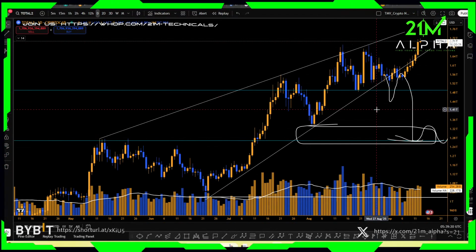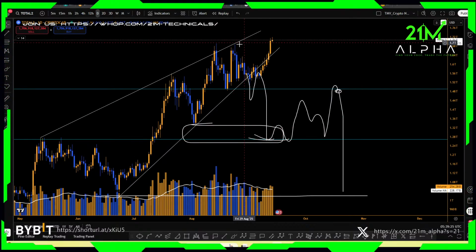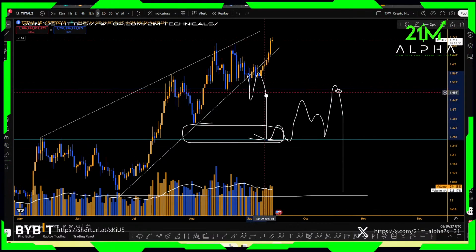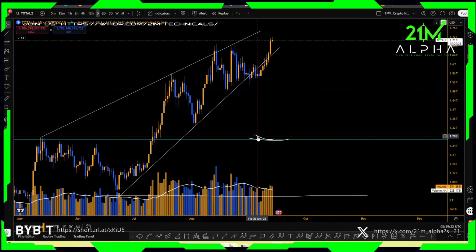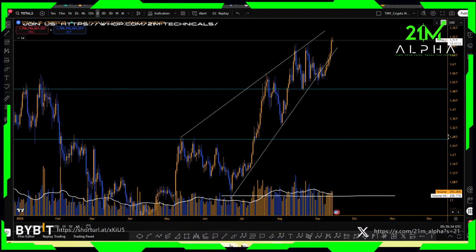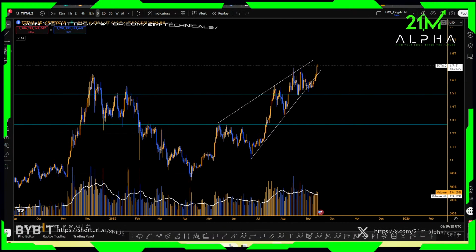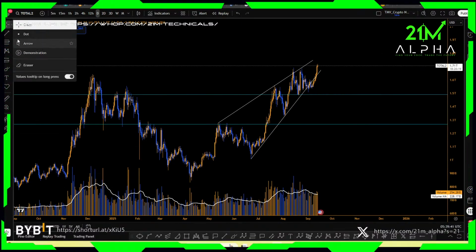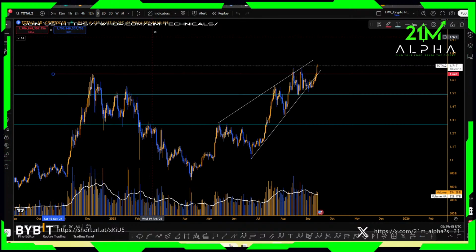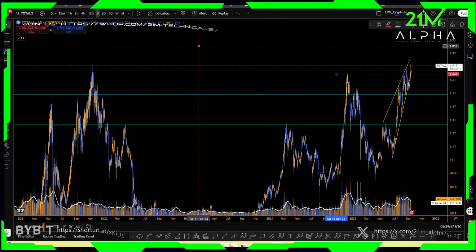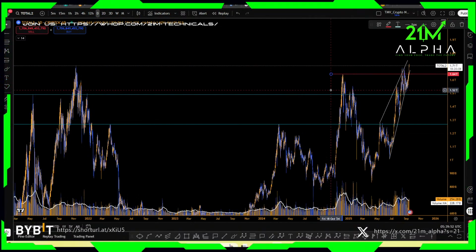And Total 2, basically I had this plan for Total 2, but now that Total 2 has already broke out, as I mentioned, this plan is not at this moment gonna play out. I really don't think that we will see a massive dump now, because Total 2 has not only flipped the previous swing highs, this is your previous swing highs that we are talking about, it also did make a new all-time high, as you guys can see.